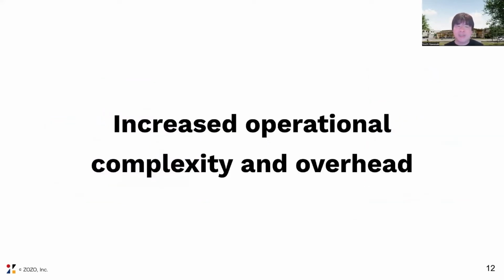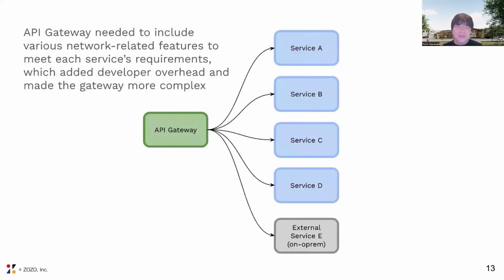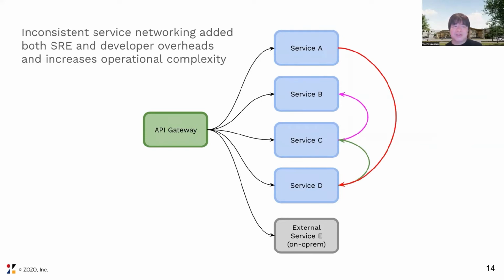But as we proceeded with the migration, we saw increased operational complexity and overhead. For example, the API gateway had to include various networking features to meet each service's requirements. That actually added developer overhead and made the gateway more complex. Also, each service has to implement networking features and configuration for service-to-service communication.